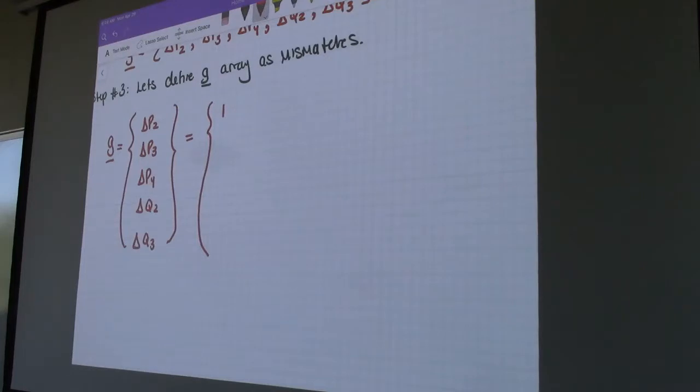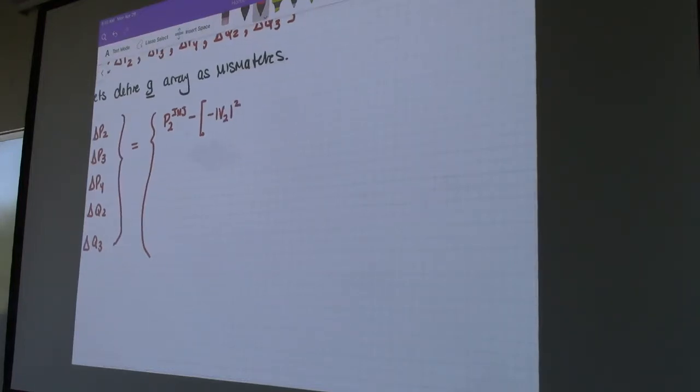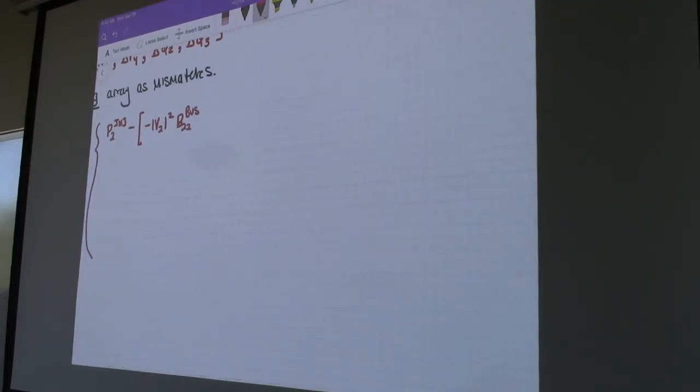Okay, so we got P2 injection minus V2 squared B22 bus. And then here is the first of the 2 elements in the sum.